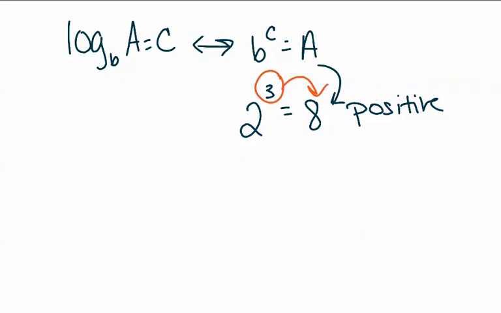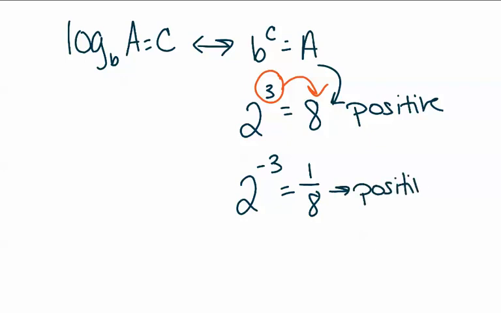So a is never going to be negative in that case. Again, keeping consistent with the fact that we have to have a b value that's positive and not equal to 1, let's use that 2 again. Now let's say instead of a positive c value, we have a negative c value, so -3. What's that going to do to my answer? That's just going to change my answer to 1/8, which is still positive.